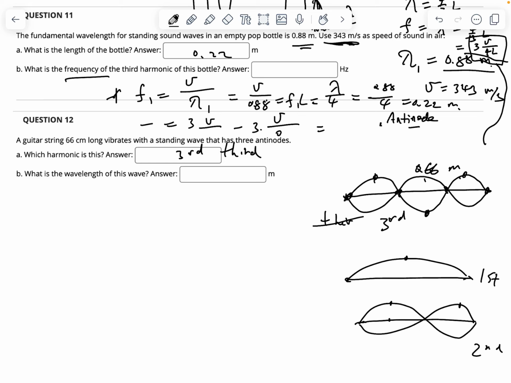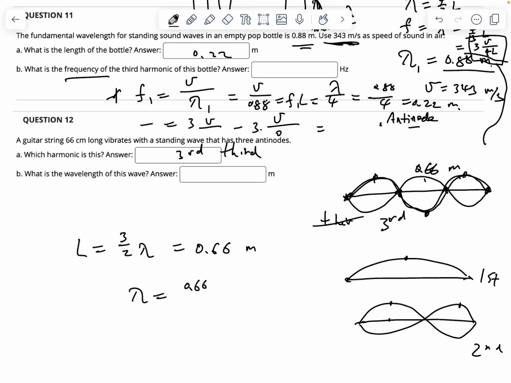What is the wavelength of the wave? Okay, so what do we have? 66 centimeters, so this is 0.66, right? So L equals, this is 1 wavelength, plus half, 3/2 wavelength, right? So equal to 0.66 meter.